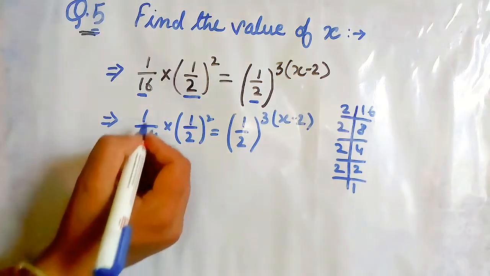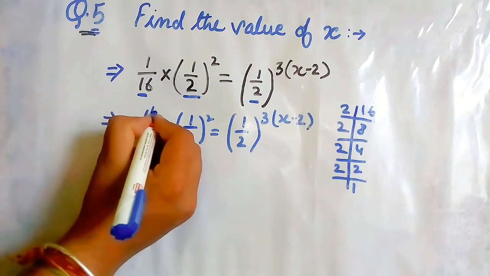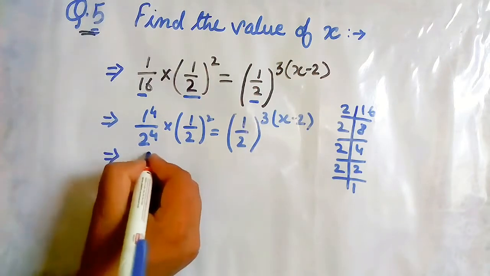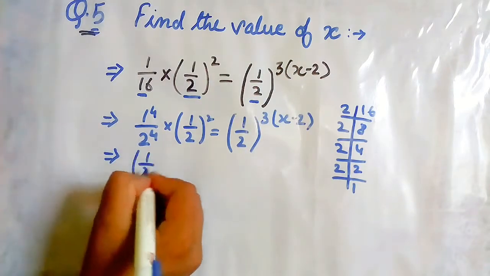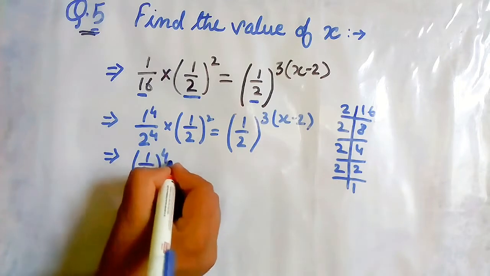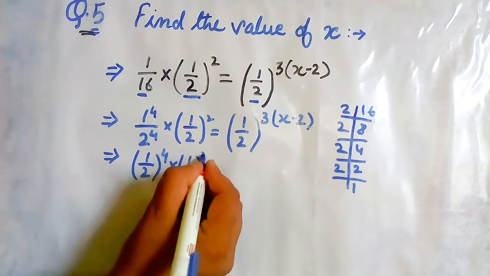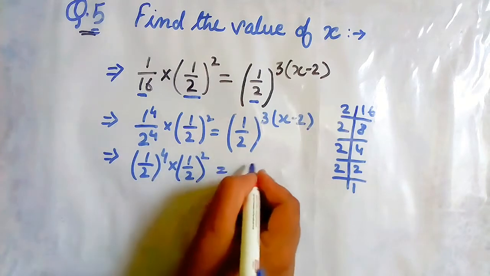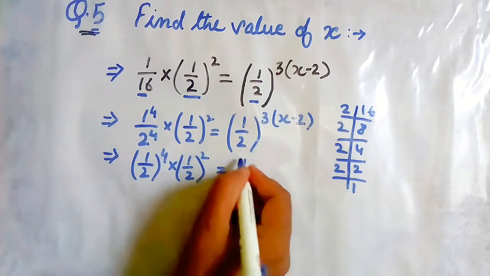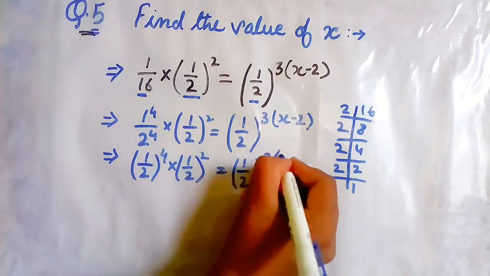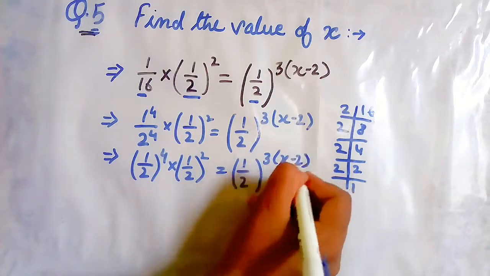Remember, we have to equate the bases, so that is the reason we are writing 1/16 as (1/2)^4. And the second part as it is, (1/2)^2 equals (1/2)^(3(x-2)).